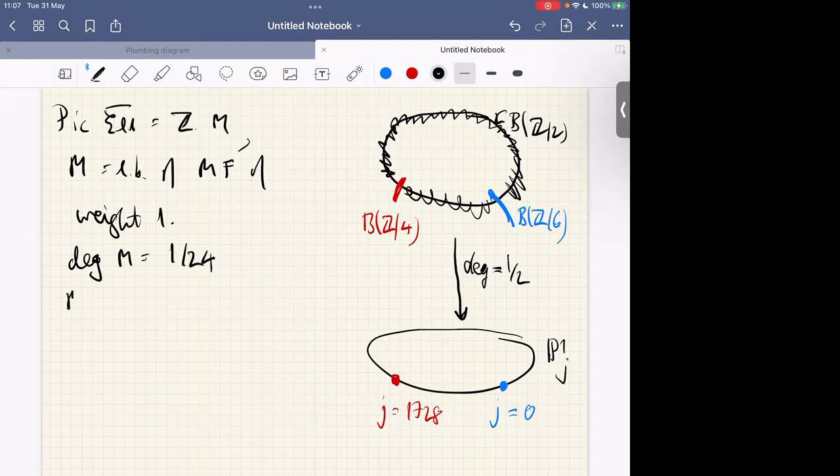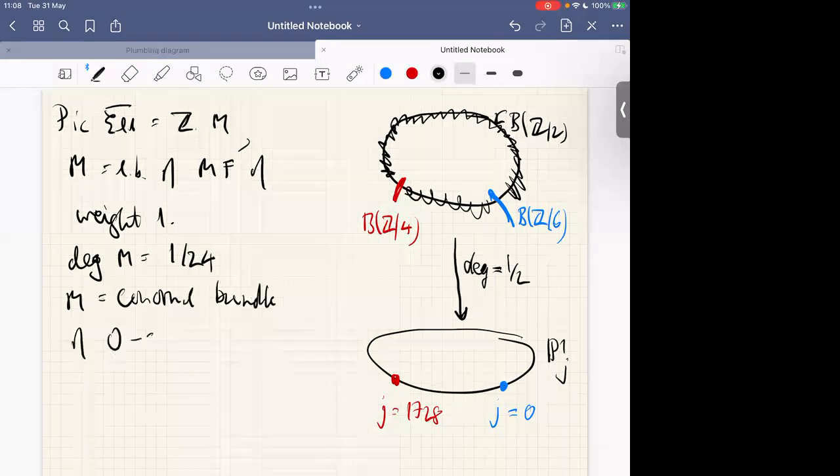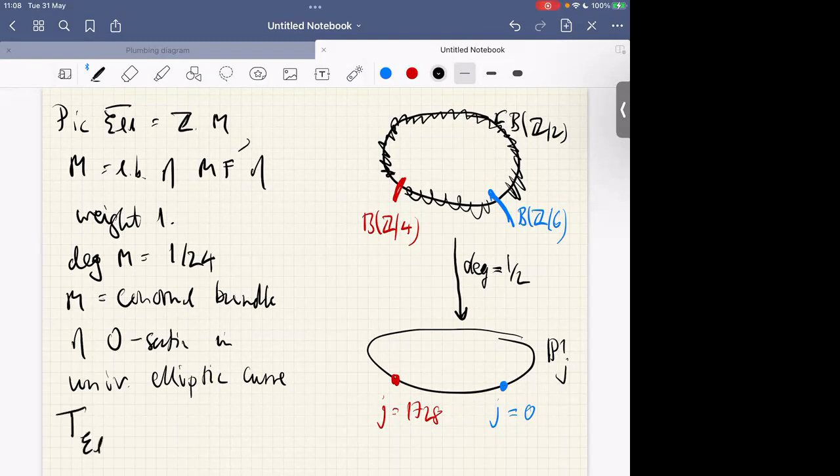M is the conormal bundle of the zero section of the universal elliptic curve. And the tangent bundle is small M tensor 10 times.